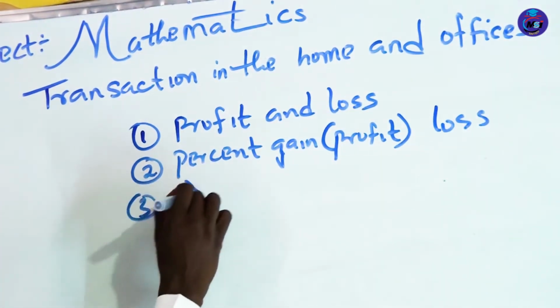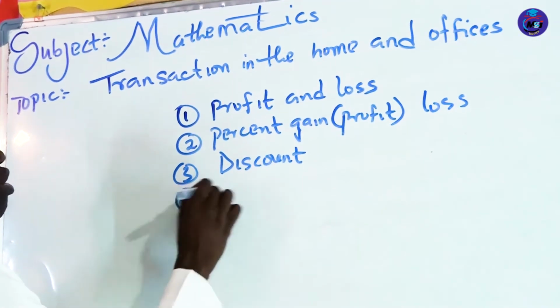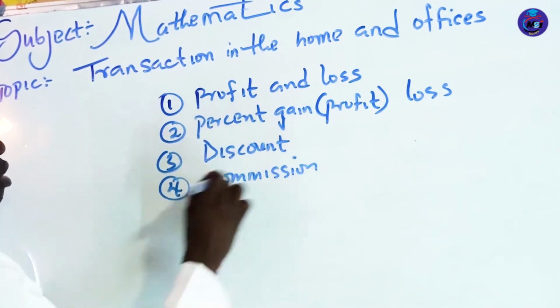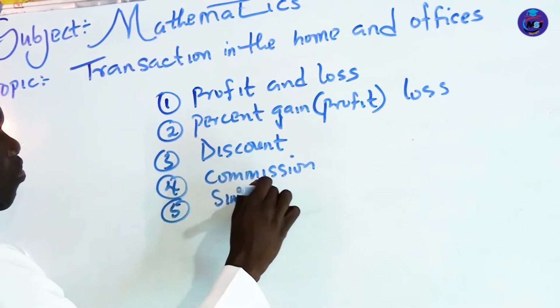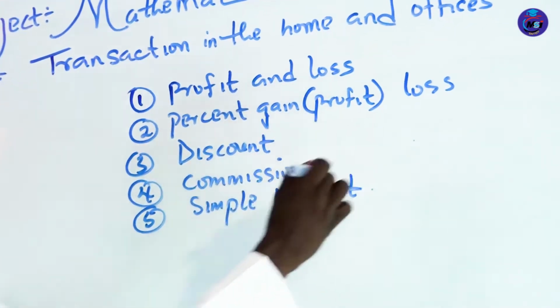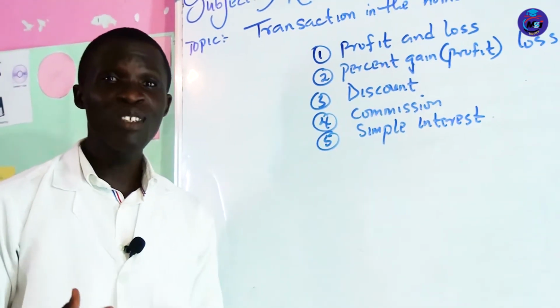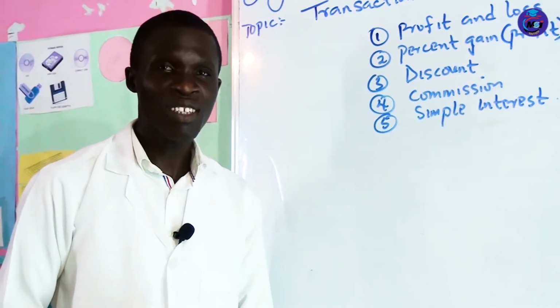We're looking at discount. Number 4, commission. Number 5, simple interest. So we have a lot to learn today, and I believe you are ready to walk with me, and we are going to enjoy this class together.